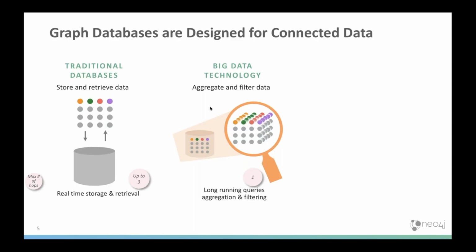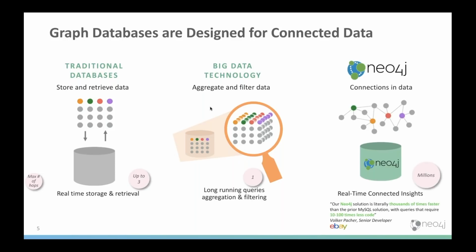So all of the referral across between elements has to be done at an application level. The database doesn't help you at all, which means you get poor performance, and also your application program is very complicated. With a graph database, what we're looking at is something that can cope with literally millions of hops between data elements.